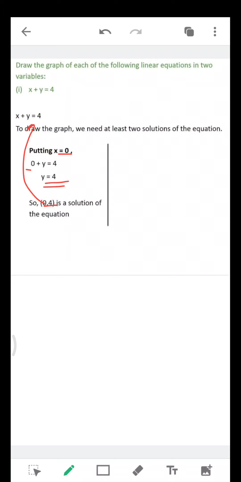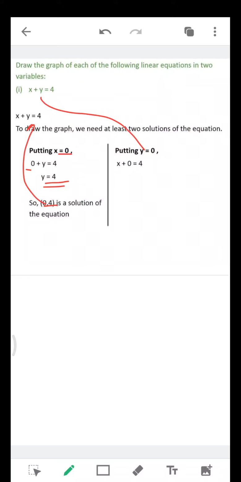Then I'll assume another value. I can assume x, I can assume even y. So if I assume y is equal to 0, in place of y if I put 0 in the equation, okay, we are finding solutions which we have done in the previous session also. So you can assume an x value and get the y value, or you can assume a y value and get the x value.